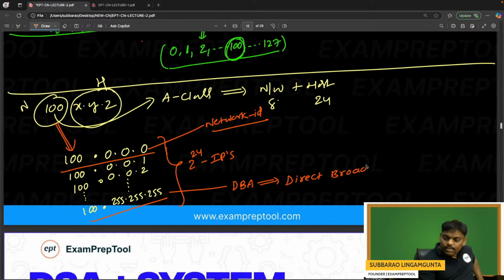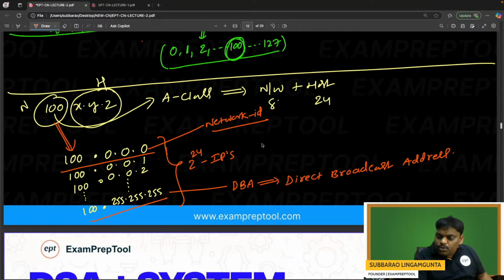Remember, these are the special addresses. Out of 2 power 24 IPs, one IP is for special purpose, network ID purpose, and one more IP is for special purpose, DBA purpose, direct broadcast address.